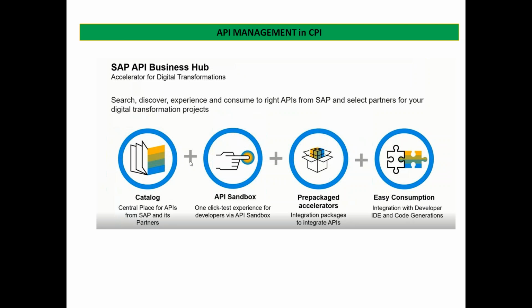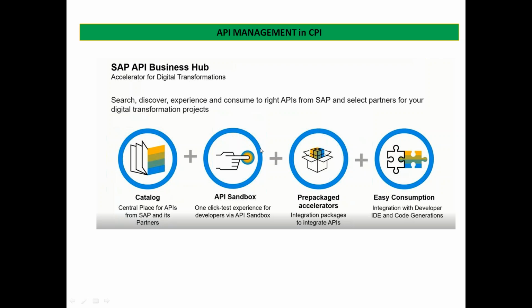API management. As I mentioned earlier, SAP CPI is bundled with various APIs. Functionality is already built. What you need to do is call them and make a few changes in the configuration sections. Then you can make use of the functionality. It will show you the catalog of all the existing APIs.